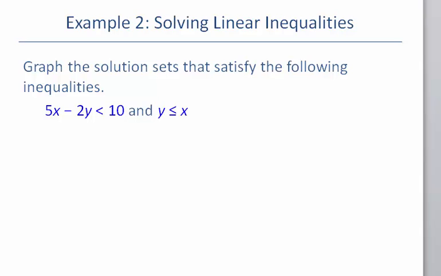We'll now continue our discussion of section 2.5, linear inequalities in two variables. We're going to look specifically at a type of example where we are given two linear inequalities separated by the word "and."